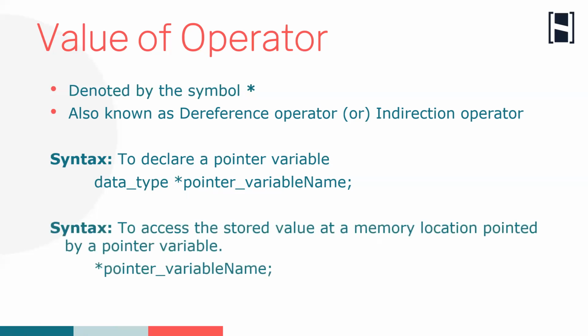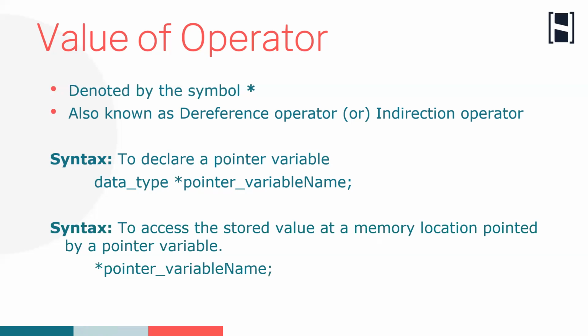There is another usage: it is used to access the value stored at the memory location. Normally, when we create a variable, every variable will have a memory address allocated to it, and inside the memory address the value is going to be stored.